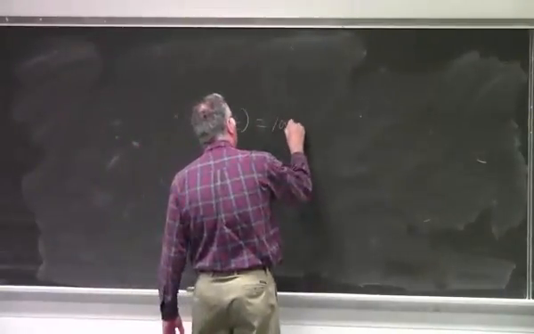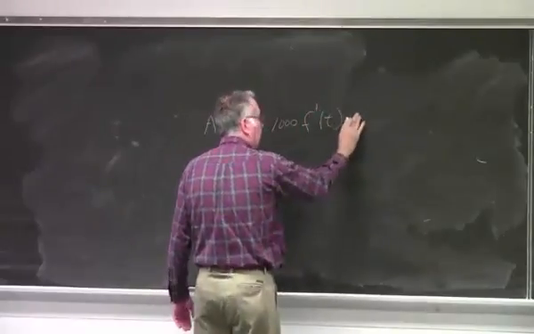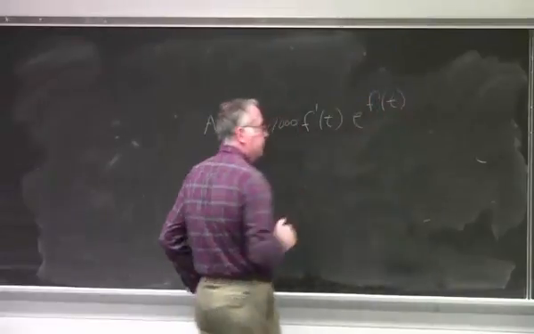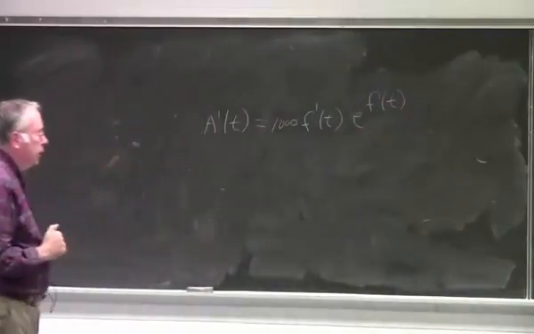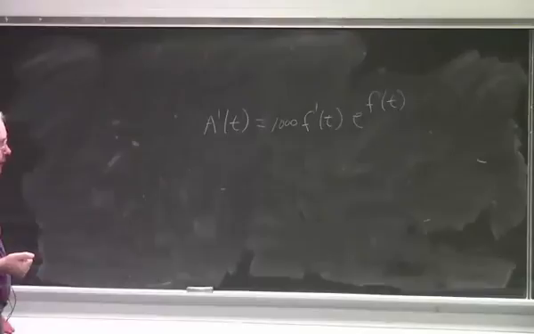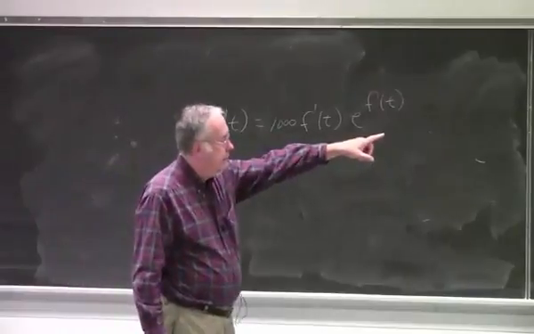1,000 times f prime of t times e to the f of t. So we're just using that rule of differentiation. Now, f of t is t to the 0.5 minus 0.1 t.